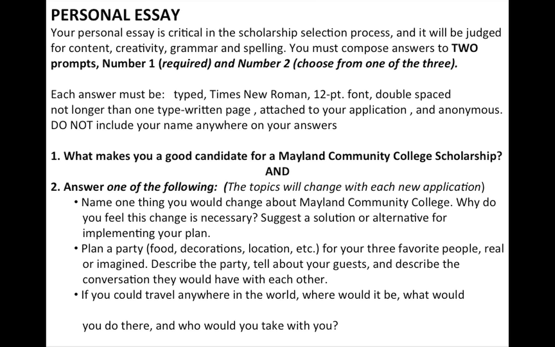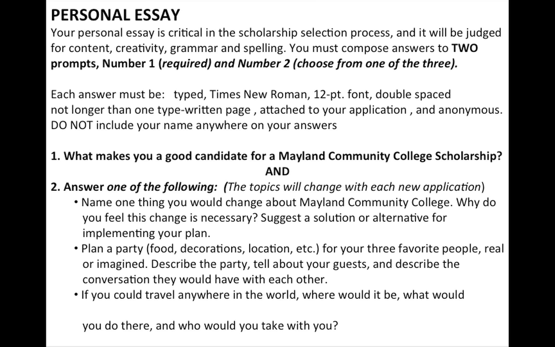Those are the common standard answers that any student could write. We want you to be a little more creative than that and tell us what makes you so special. What makes you a student who deserves to be awarded a scholarship, to be honored in this way, and to be given this extra financial boost.